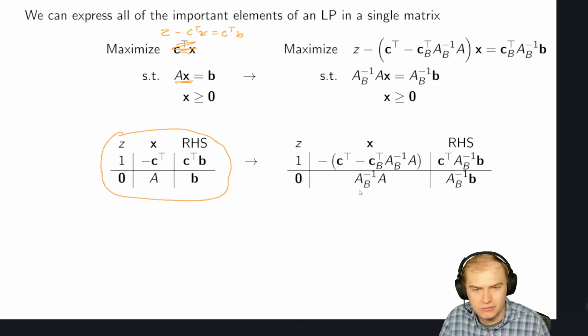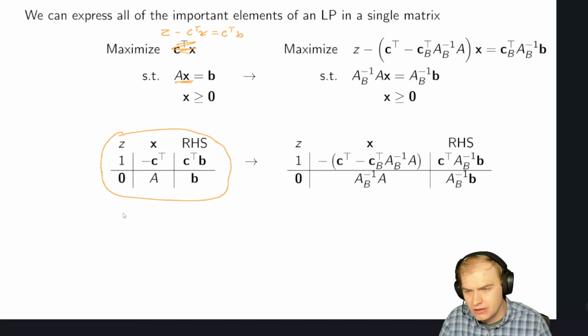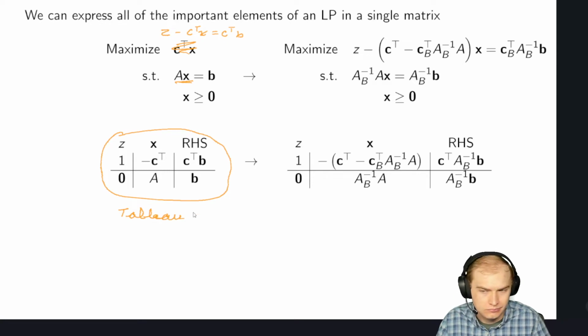So the canonical form is now of this form. We do the same sort of operations that we use to get our canonical form of our LP. We do the same idea for our Tableau. So this sort of chart, this big matrix, is called the Tableau, which is French for table, as I understand it.